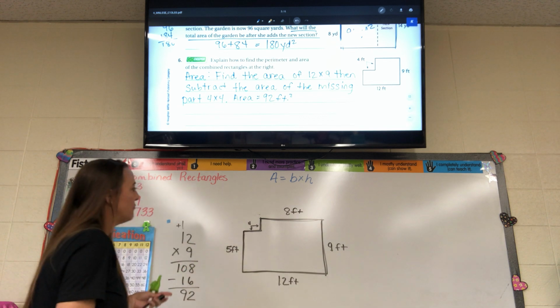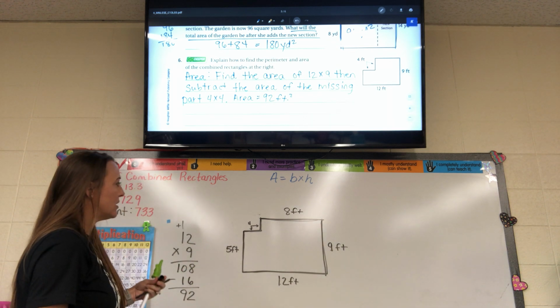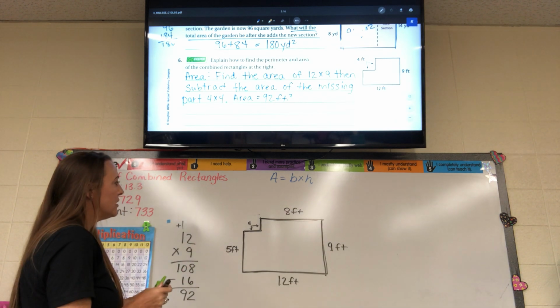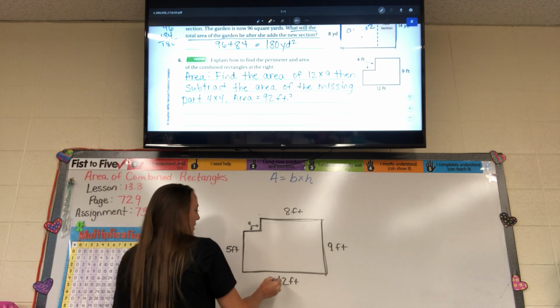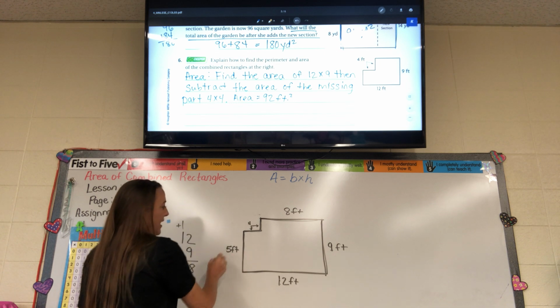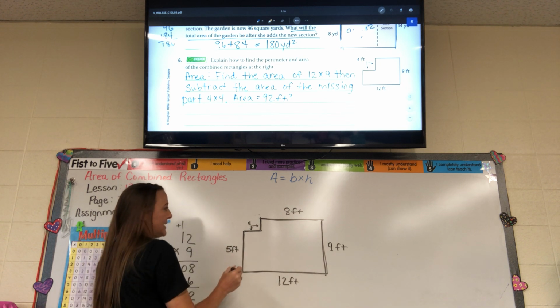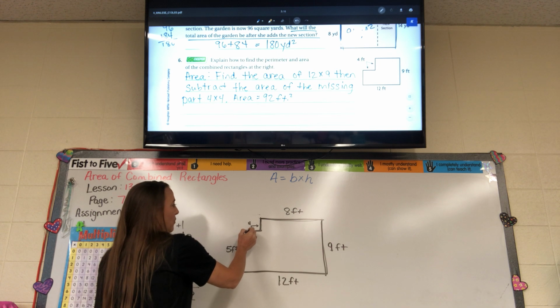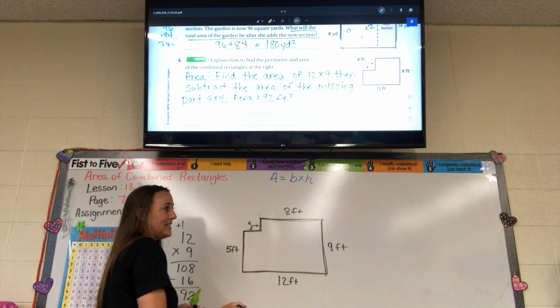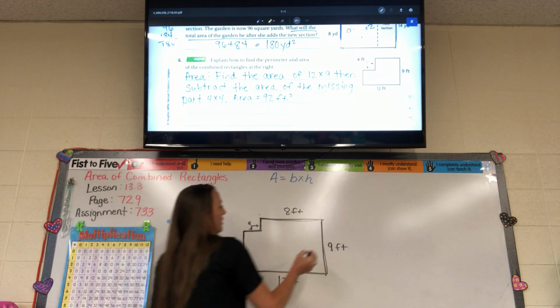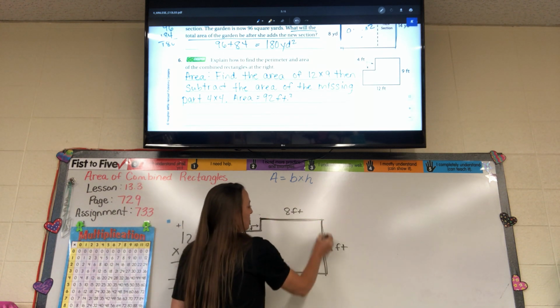So now, let's see if we're missing anything. Do we have numbers on all the walls? Yes, we do. So to find the perimeter, we're going to add 12 and 5, which is 17, plus 4 and 4, which is 8. 17 and 8 is 25, plus 8 more, plus 9.